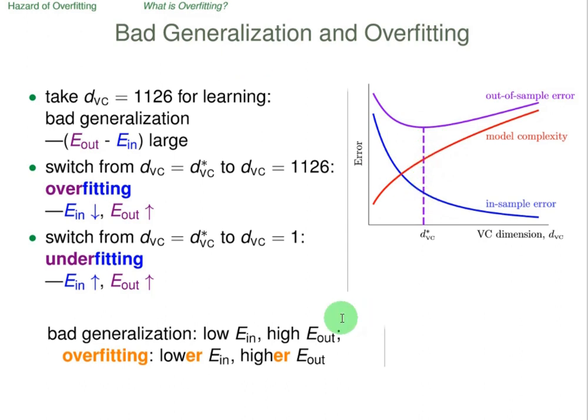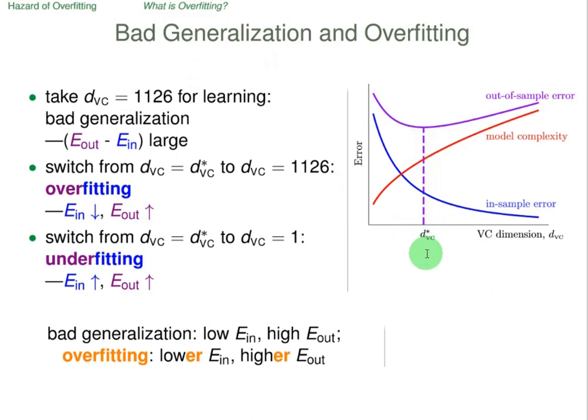We can say the model overfits if we observe in sample error going down, but out of sample error going up. So this is the point where the two start diverging, in sample error and out of sample error. And we can call this region the overfitting region. We also have the model complexity that we can use to characterize the model that we're using. So 1126 is a powerful model if we interpret it in terms of VC dimension and the degrees of freedom of this hypothesis class. In contrast, we have another phenomenon called underfitting.